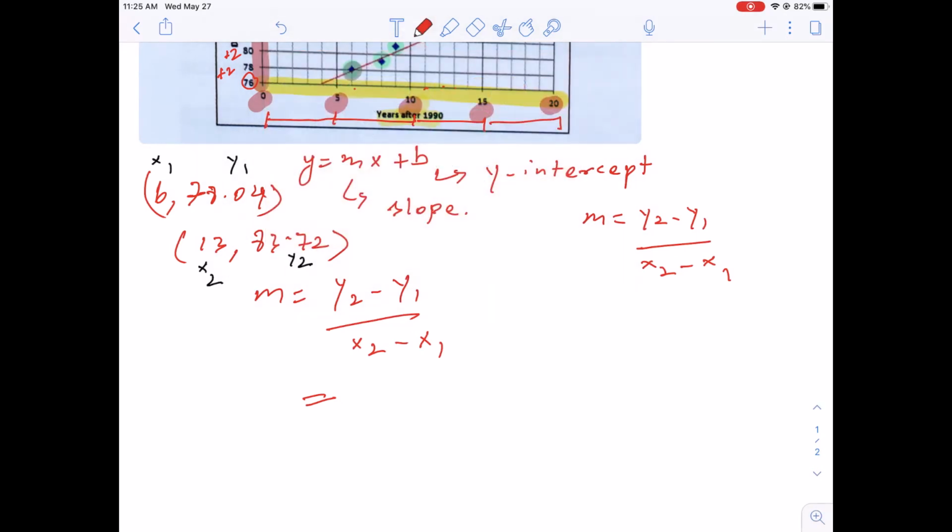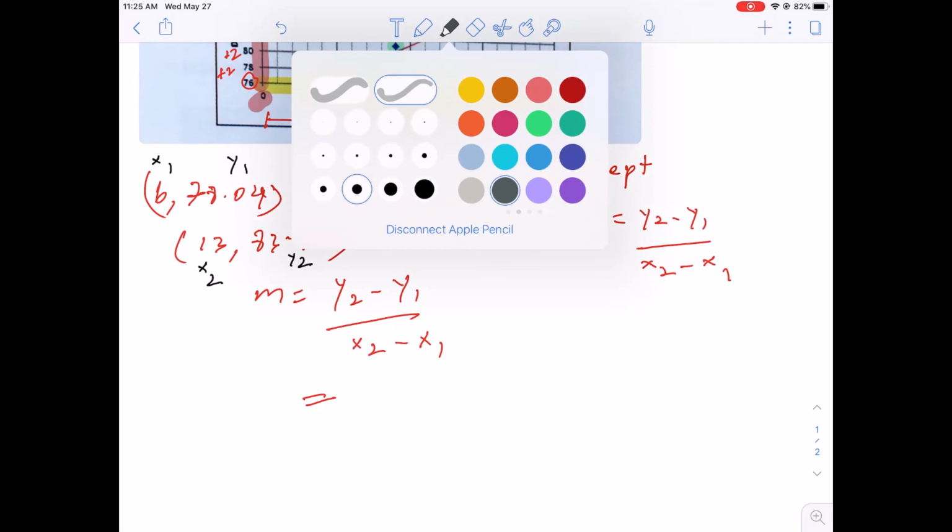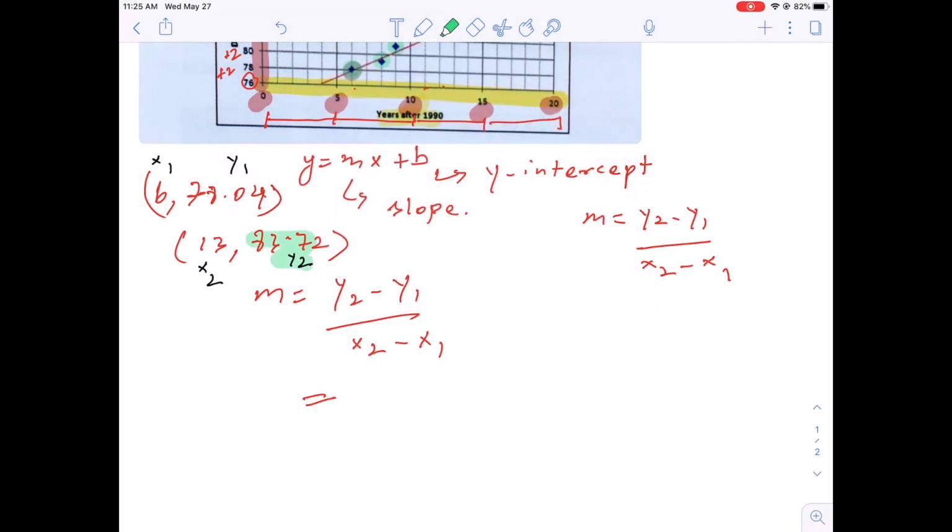My y2 is 83.72, take away y1, which is 78.04, divided by x2, which is 13, take away x1, which is 6.